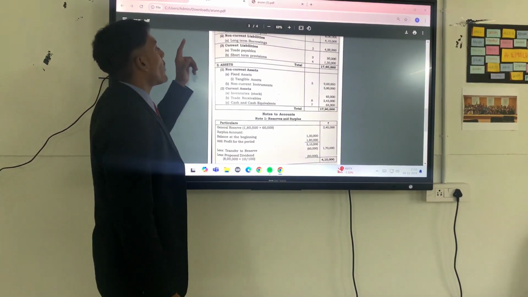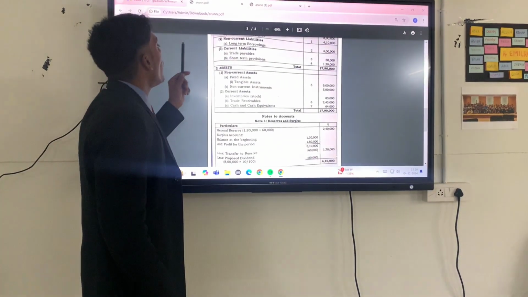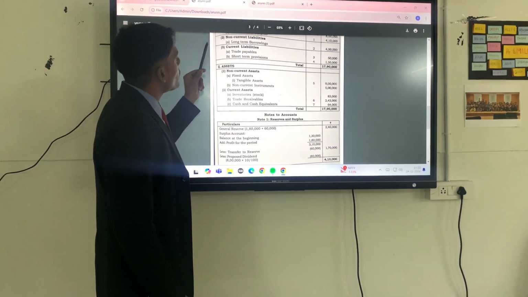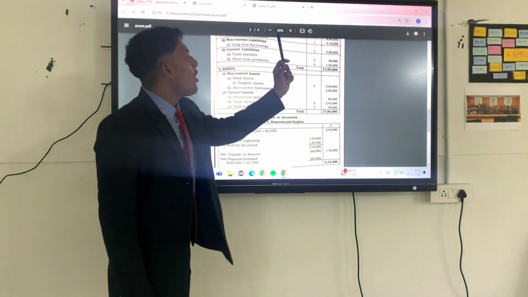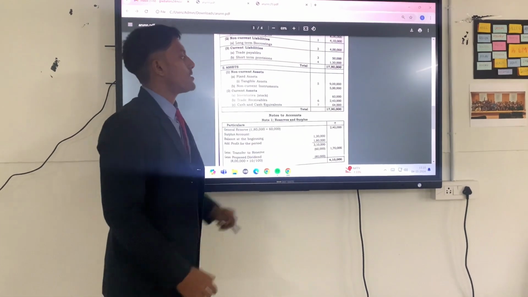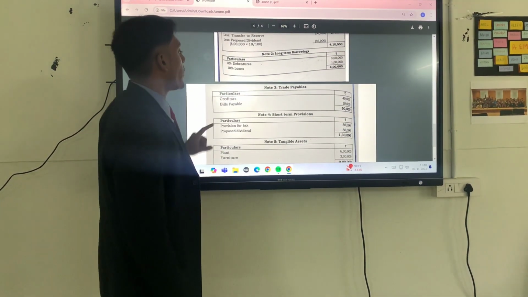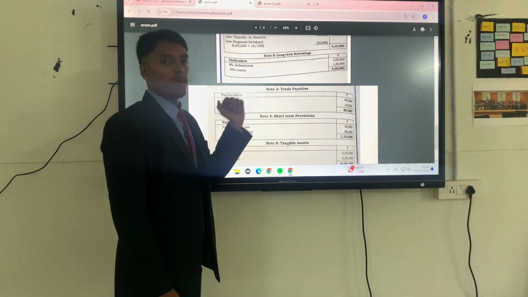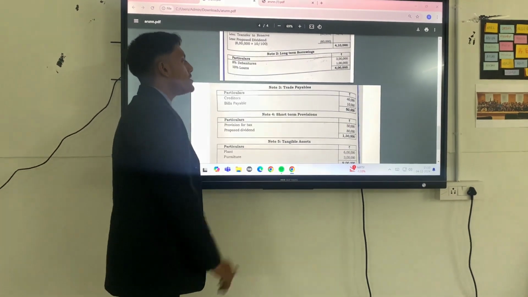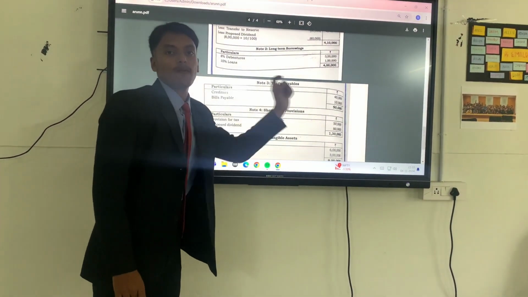Then here comes our next head, that is current liabilities. Under current liabilities, there comes trade payables, that is 50,000. But we can look at how it comes to 50,000. Under trade payables, there are creditors of 40,000 and bills payable of 10,000.